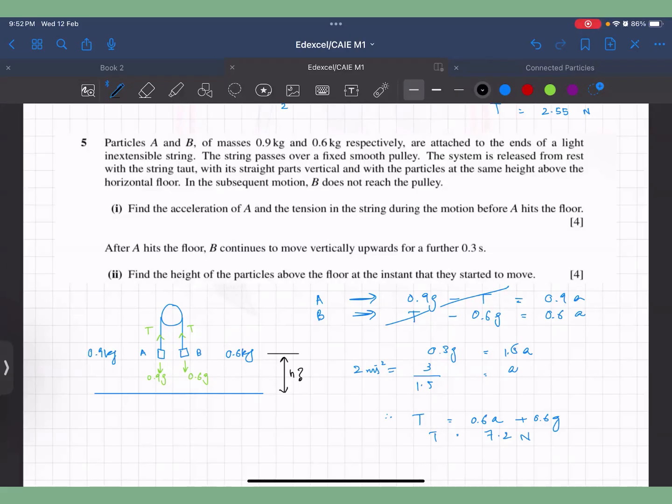Anything, anyone. Think about it. Will it find the distance covered by B, and that will be the height? How would you get the distance covered by B? It'll be two equations, right?